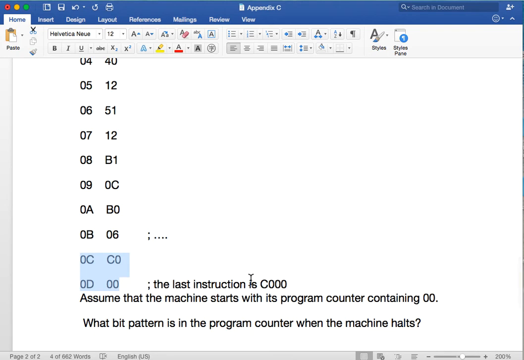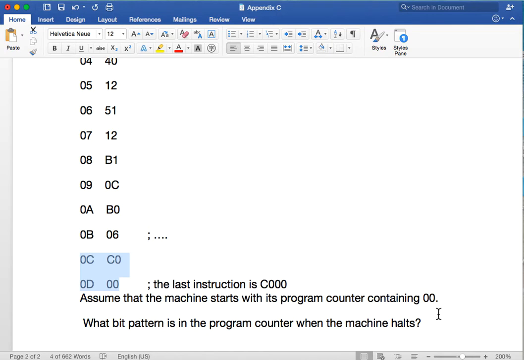So the program execution will stop when this one is finished. But he asked you what bit pattern is in the program counter when the machine halts. I don't exactly remember your textbook, but I believe the program counter is supposed to contain the address of the instruction that will be executed next.